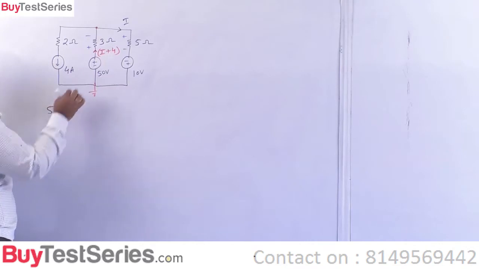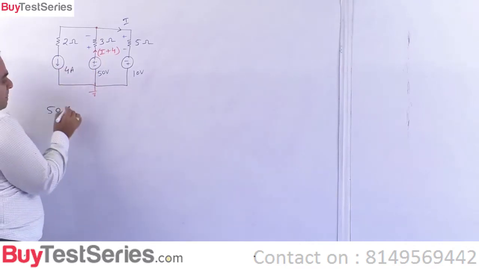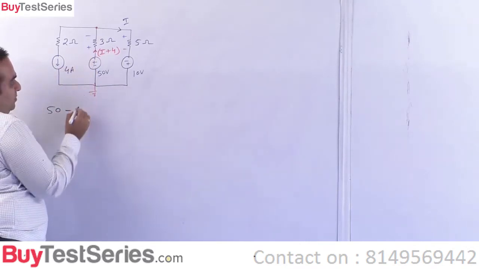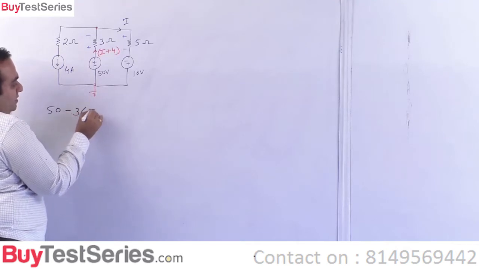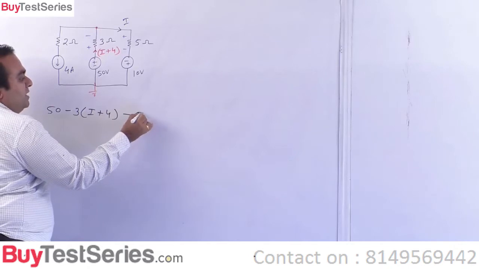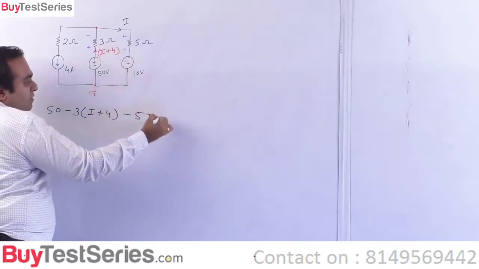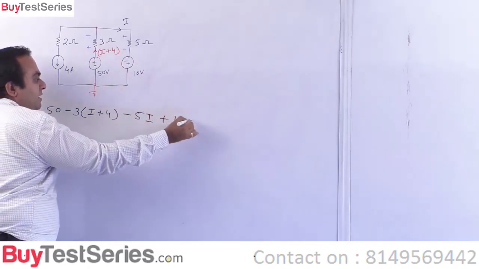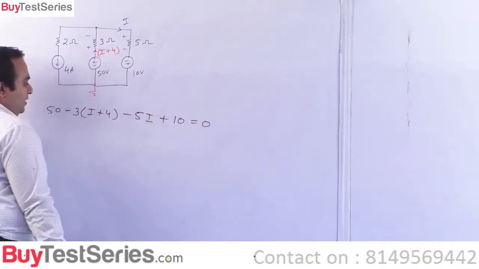So starting from the positive of 50, from plus 50 we start, and as plus is encountered going to minus, we get: 50 minus 3(I plus 4) minus 5I plus 10 is equal to 0.